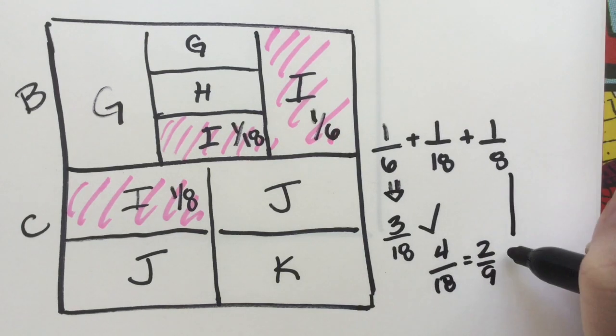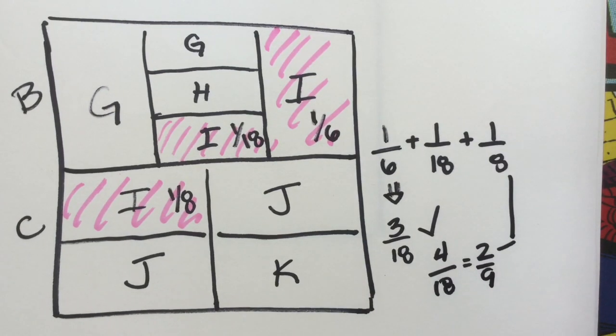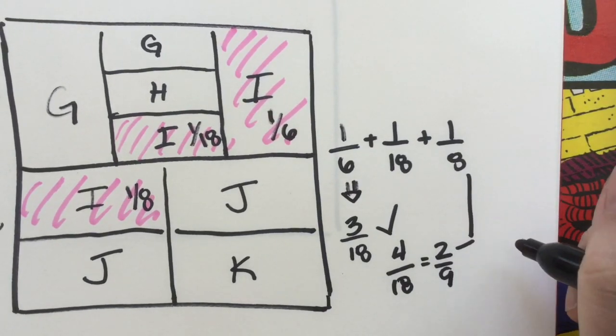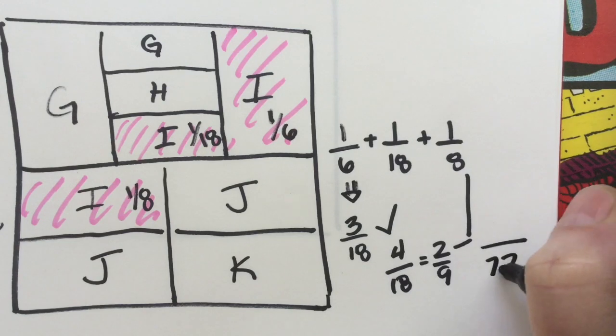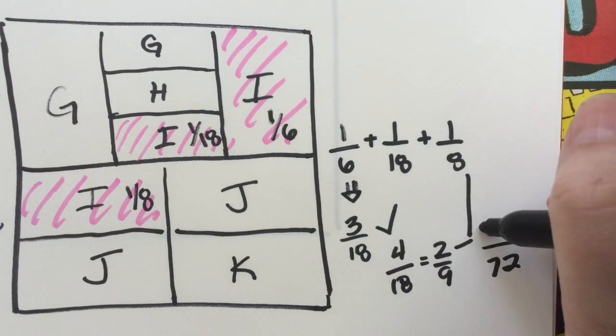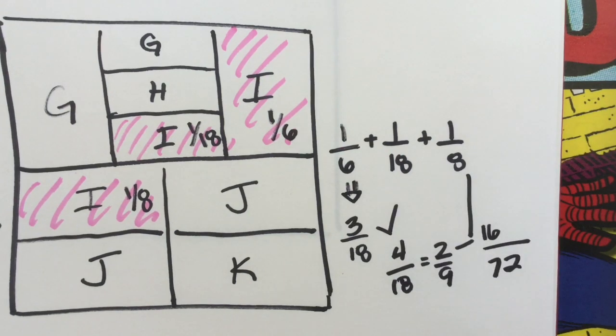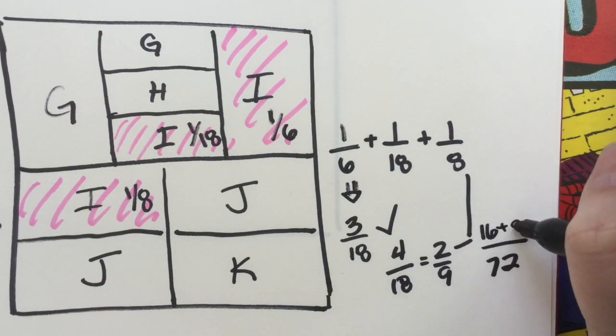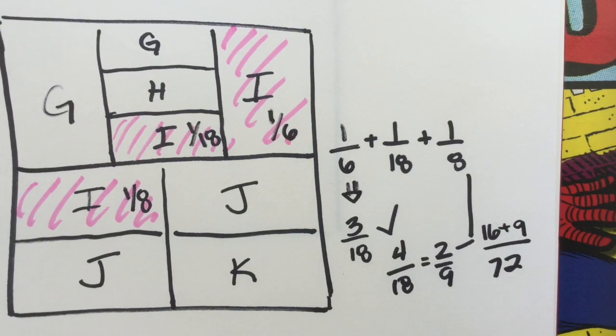And then I still have to add in my 1/8. The common denominator for those is 72. 2/9 is the same as 16/72, and 1/8 is the same as 9/72.